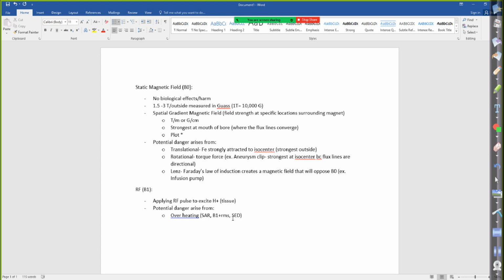I'm sorry, the entire scan for that patient. And remember, SAR is based off of individual pulse sequences. So you could say per pulse sequence for SAR, and then SED is per scan. So it's the entire scan.